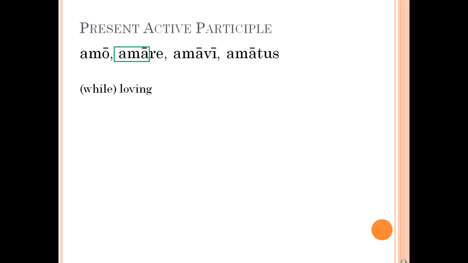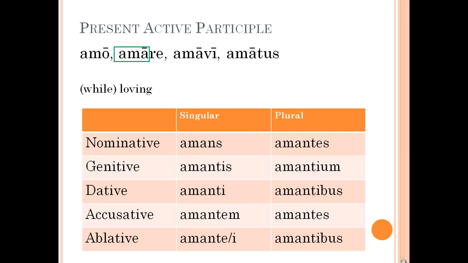It comes from the stem of the infinitive. You take the -re off, and we're going to add specific endings that tell us it's a participle. For the nominative singular, the ending is -ns, which you can remember as nominative singular.